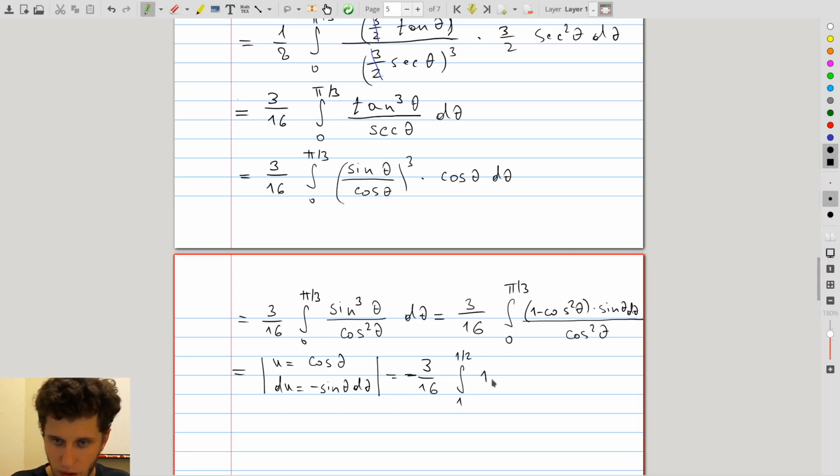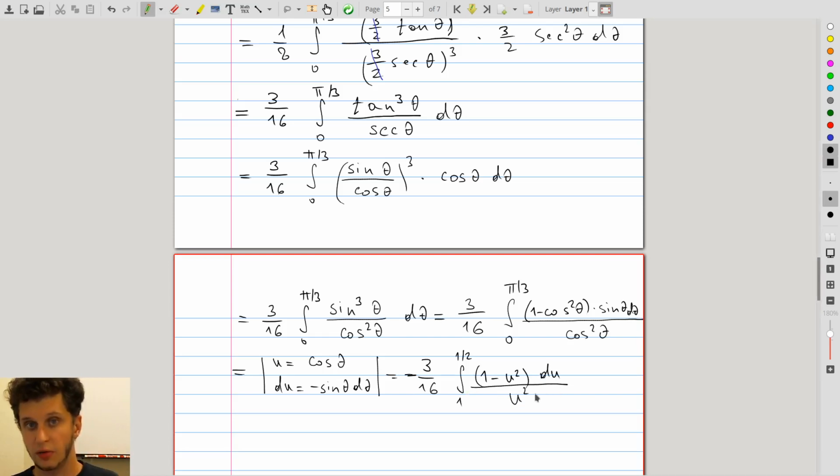Here I have 1 minus u squared. Then I have minus du, but I already put the minus out front, so this will be just du. And the denominator is u squared. Okay, perfect.